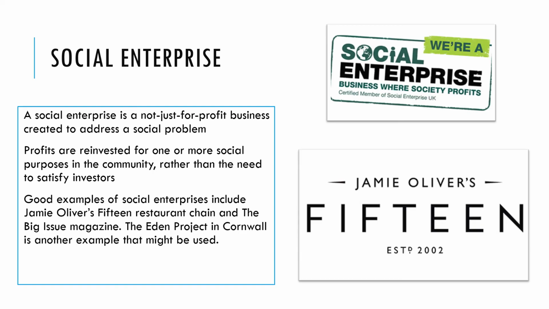Good examples are the Eden Project in Cornwall. There's a magazine that operates in the UK called The Big Issue, which helps homeless people get off the streets. There's a restaurant that a famous chef called Jamie Oliver opened, which was to give young people, or possibly people who've got in trouble with the law, a chance to rehabilitate by working through this restaurant.